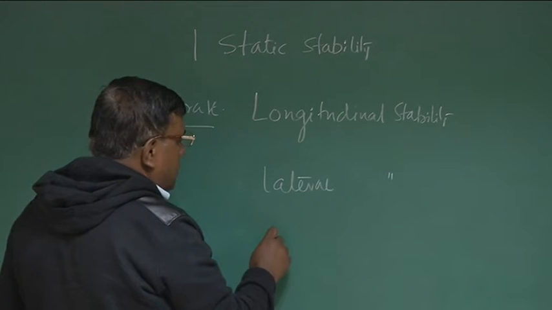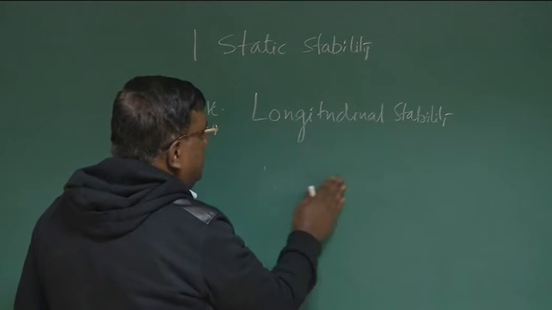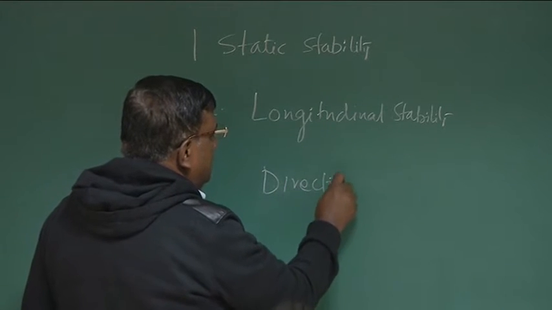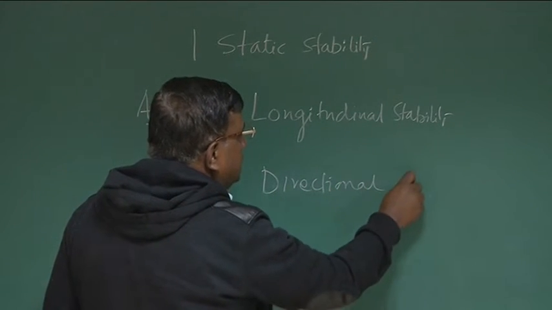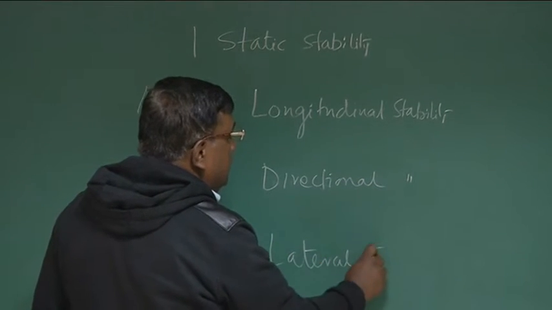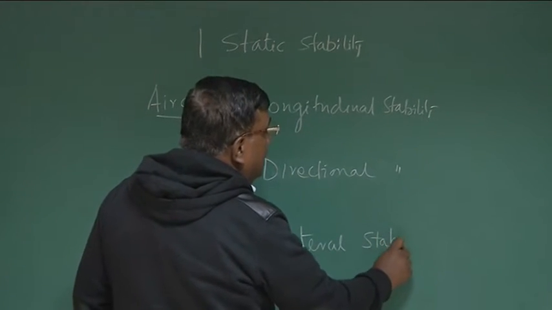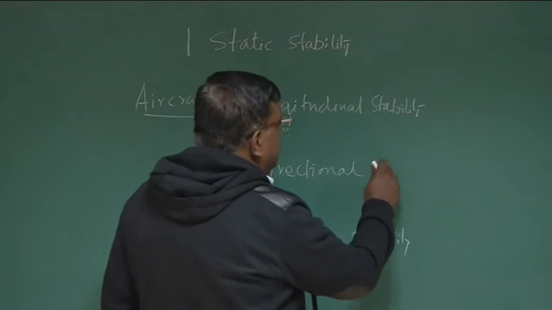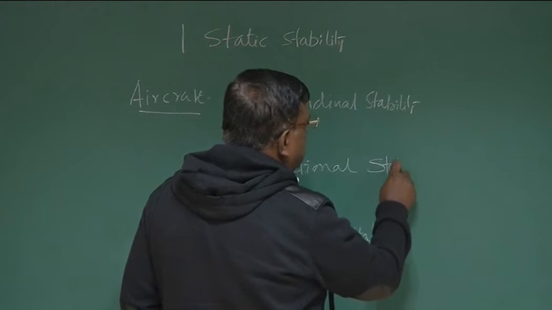Or let me write like this, in a sequence we have done directional stability first, then we have lateral stability. All are static stability, right? Let me write here stability. That makes things look better.